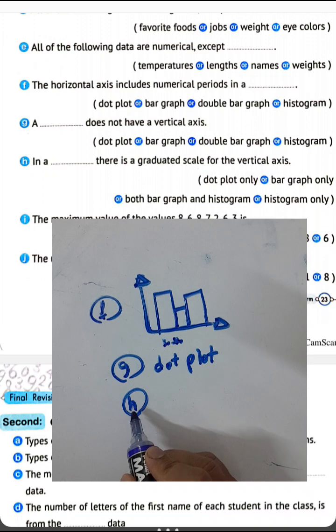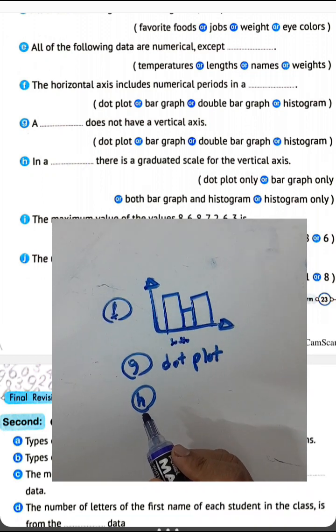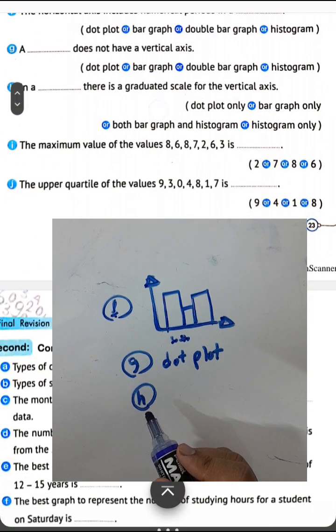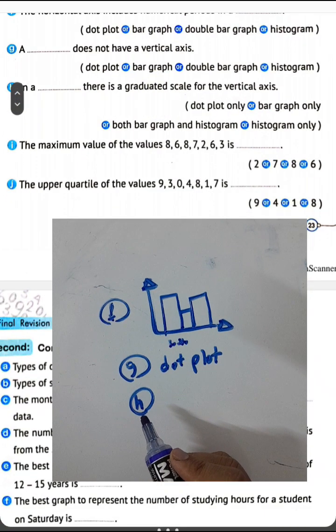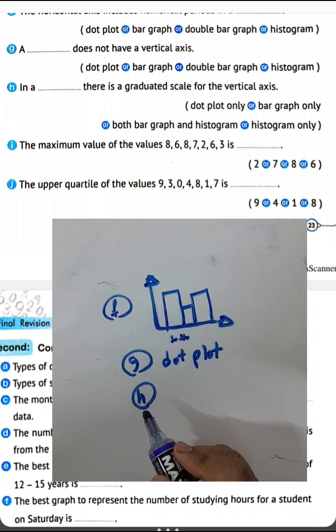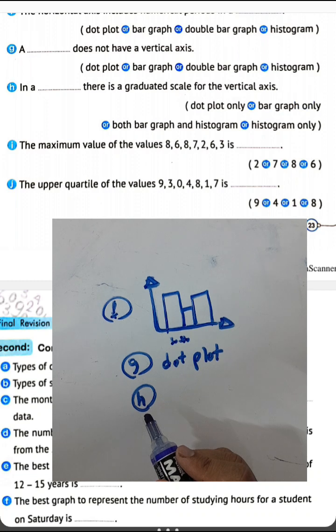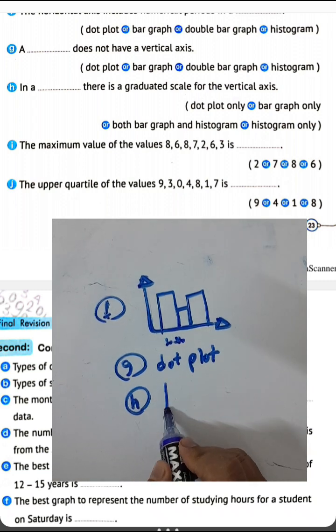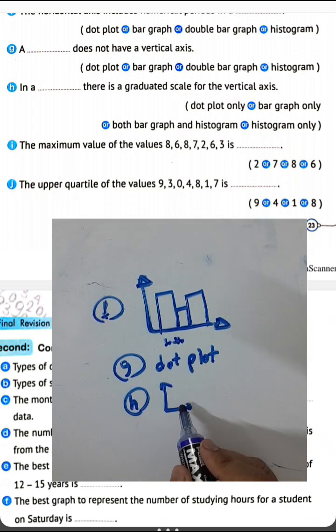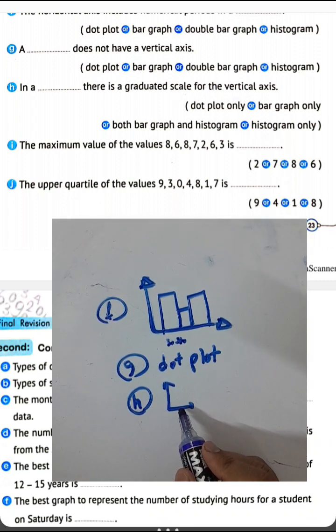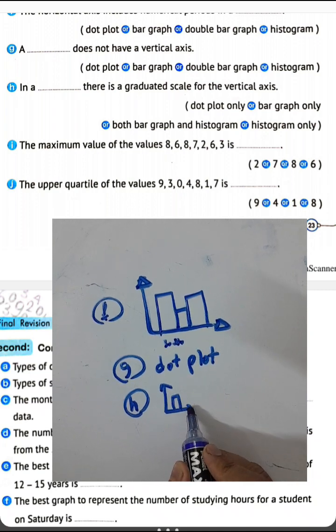Letter H, in what is there a graduated scale for the vertical axis? Think with me here. We have a lot of choices: dot plot only, or bar graph only, or both bar graph and histogram. We have the vertical axis in the histogram, and we have it in the bar graph.